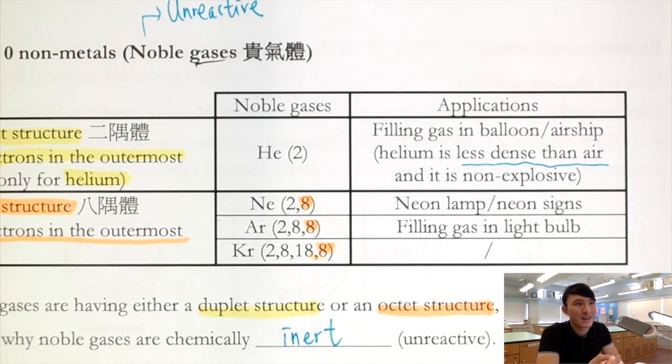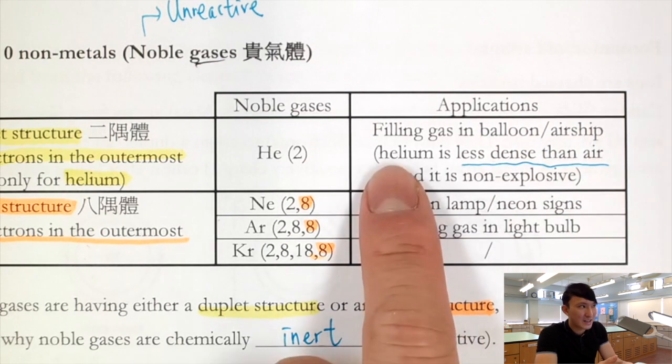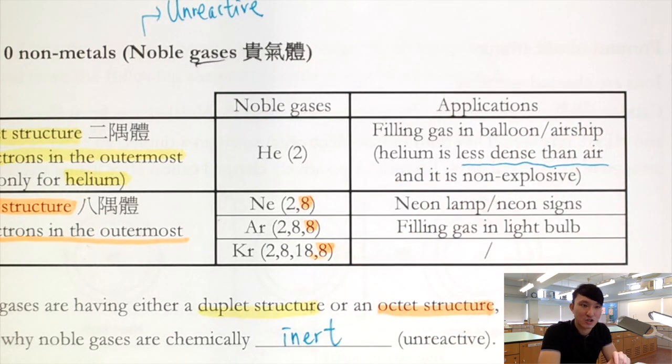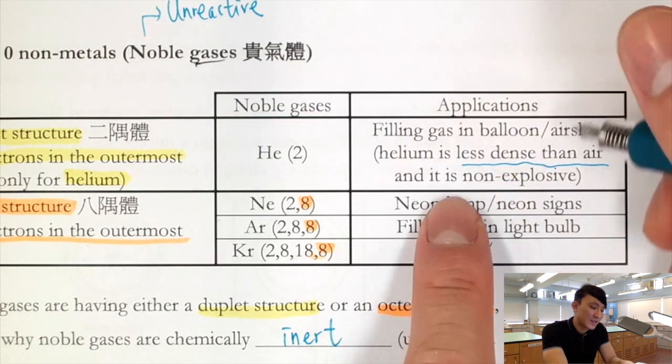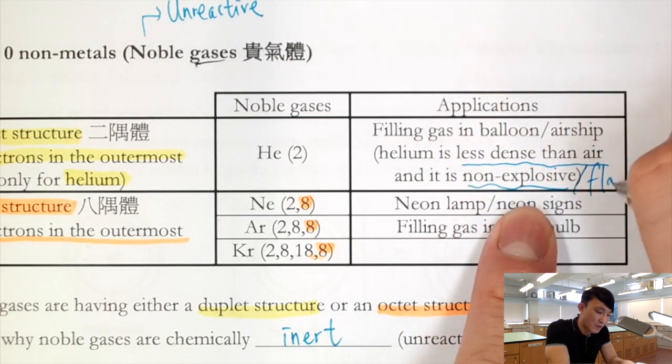It did happen before, and it led to a very tragic accident. Therefore, hydrogen is not chosen to fill balloons or airships, and helium is chosen as a much safer substitute. So, less dense than air, and not explosive or flammable.